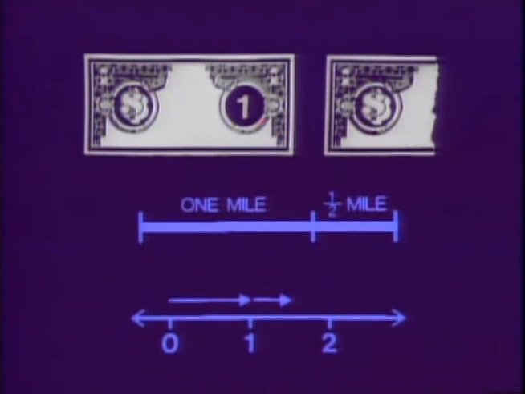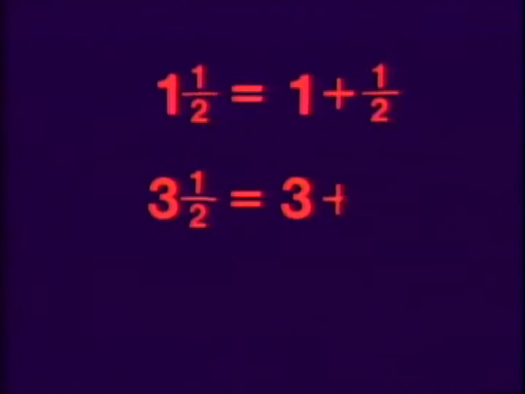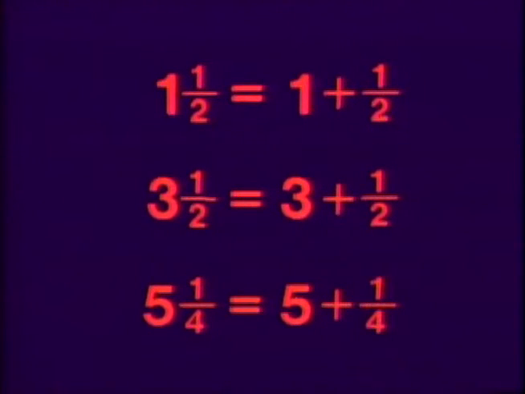In every case, we seem to be adding, and in fact, the mixed number 1 1/2 is just a short way of writing the sum 1 plus 1/2. Similarly, 3 1/2 equals 3 plus 1/2. 5 1/4 equals 5 plus 1/4, and so on. A mixed number is the sum of a whole number and a proper fraction.